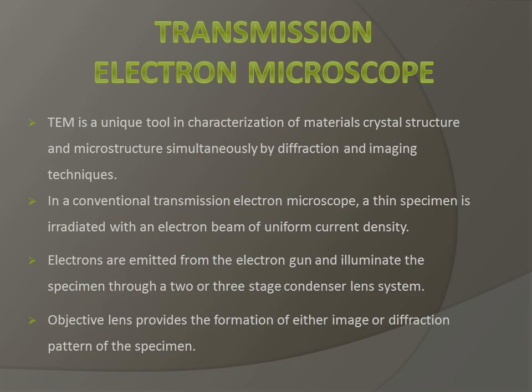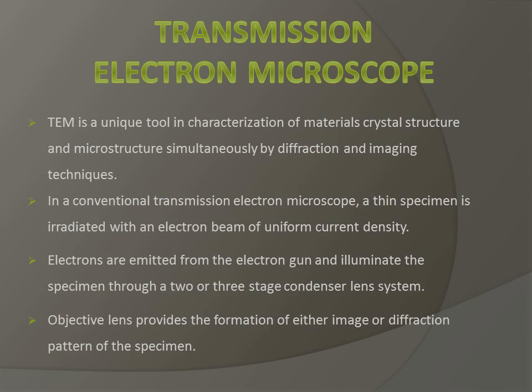The next one is the working of transmission, how the transmission electron microscope works to make a magnified image of the sample. It is a characterization tool. We can use different types of samples, for example for characterizing crystal structure, or to examine the microstructure of any biological system.